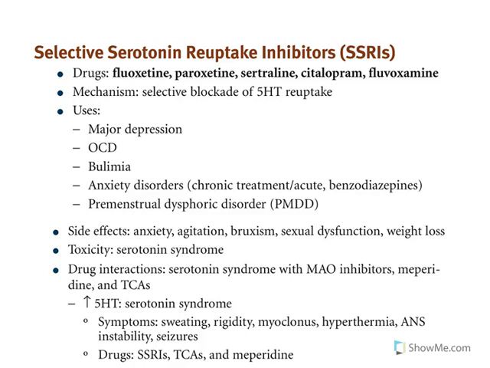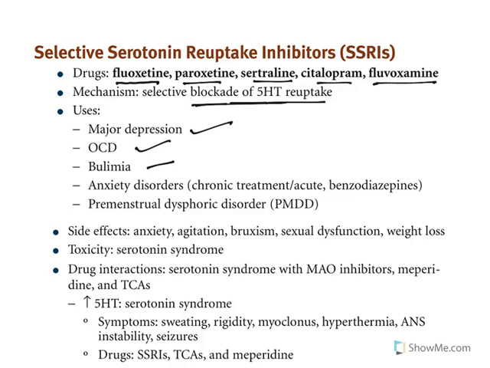Now let us understand SSRIs. These are a very popular group which are used to treat depression. Drugs like fluoxetine, paroxetine, sertraline, citalopram, fluvoxamine are used. The major mechanism is that they block reuptake of serotonin. They are used to treat major depression and obsessive compulsive disorder.